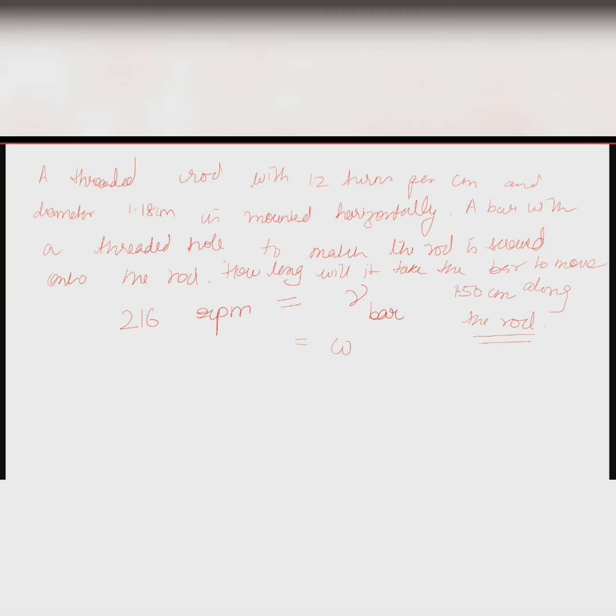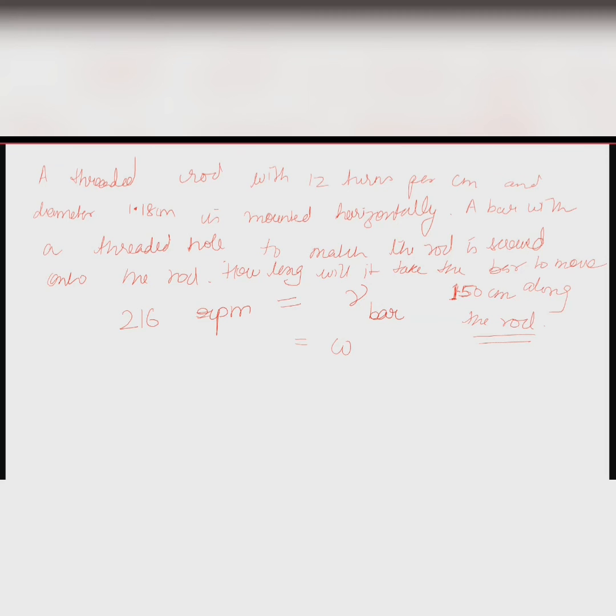Okay, so first understand the question. There is a rod, it has 12 turns per centimeter, and the diameter of the rod is 1.18 centimeter. This rod is mounted horizontally. Now a bar with a threaded hole to match the rod is screwed onto the rod. So we mounted a bar on the rod.